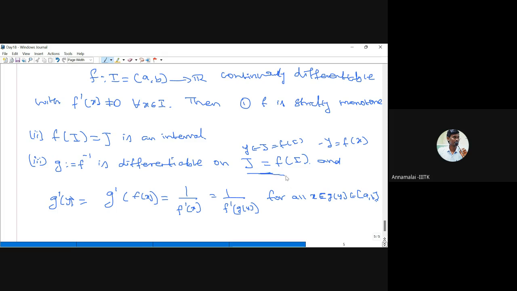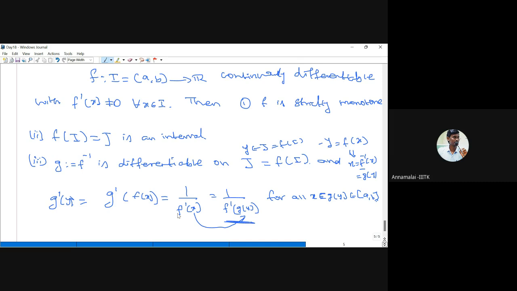So finally we have to take the inverse. So y equal to f of x. From this, x equal to f inverse of y. But f inverse is nothing but g, that is g of y. That's why I am replacing x by g of y here. So this is very important. If you know the inverse of the function, this is the formula for the derivative of the inverse function.